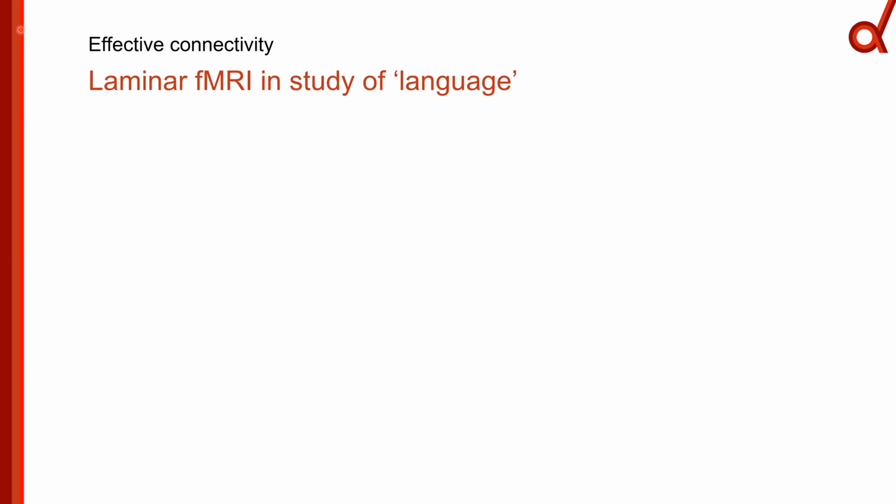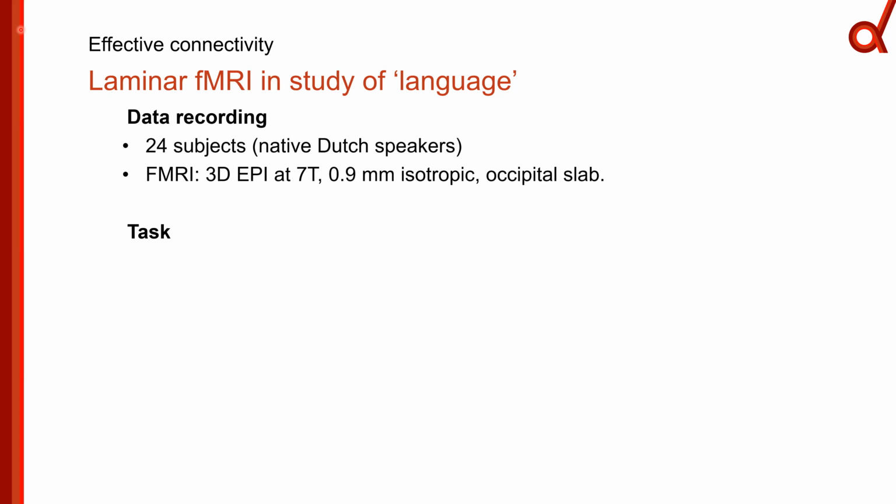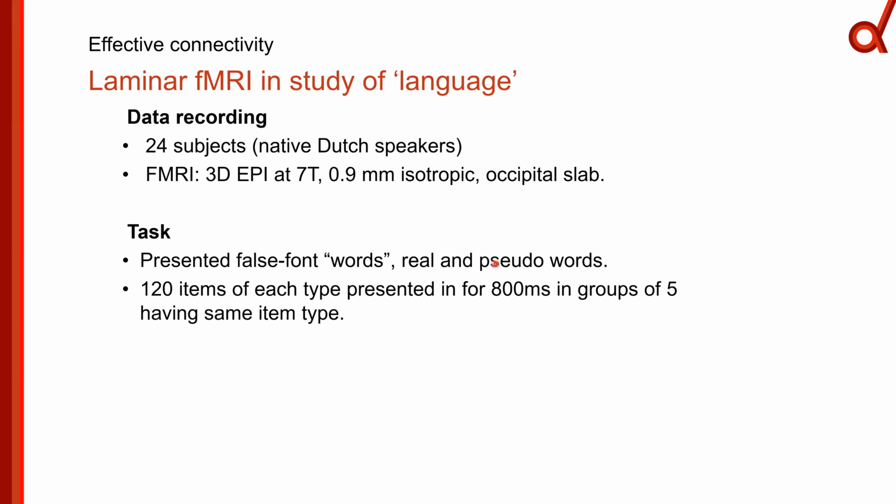So we'll now look at effective connectivity in the context of a laminar fMRI study of language, where the language is very much in inverted commas because it's only flashing words at people. We won't go into enormous detail here, but it's a standard gradient echo BOLD, 0.9 millimeter, and the interest is always between real words and pseudo words, and this is the contrast we will look at in multiple different ways here.